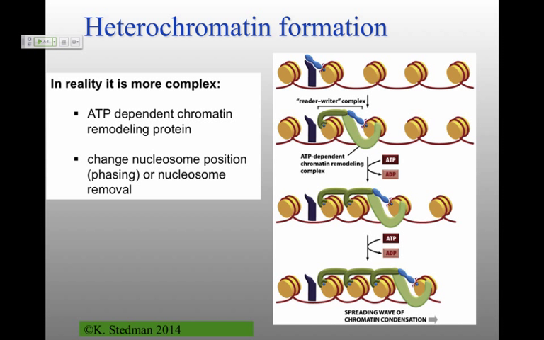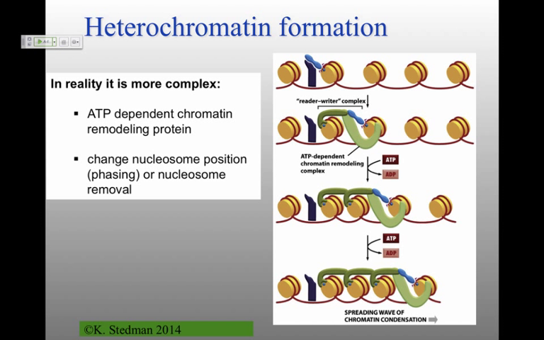These are ATP-dependent proteins, so you actually do need to use ATP to move nucleosomes around. And they basically help these reading and writing complexes in order to get a modification that happens in one place to spread from that one position.